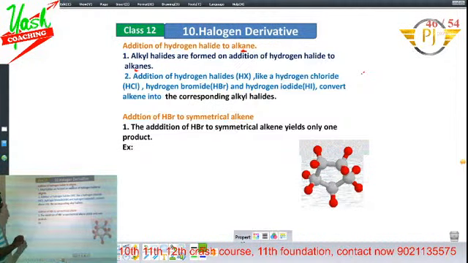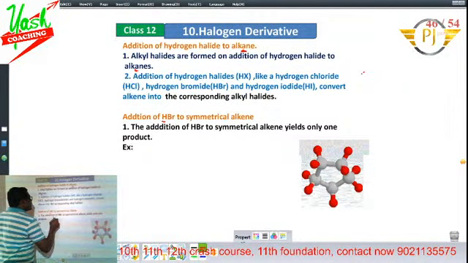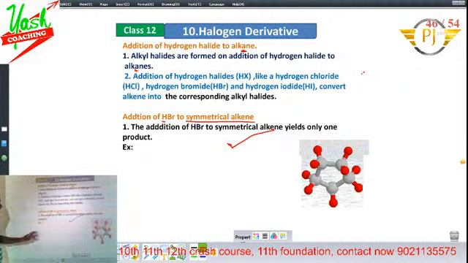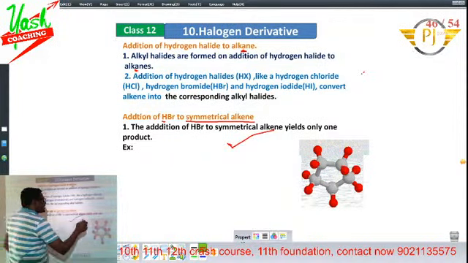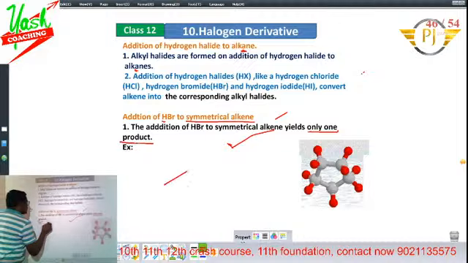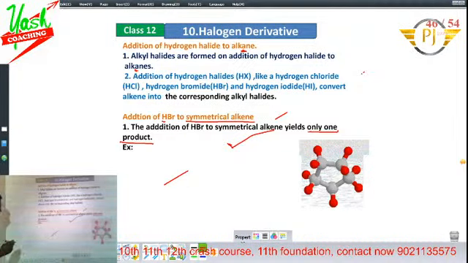So when HBr is added to a symmetrical alkene, the addition of HBr to the symmetrical alkene gives only one product. It means there are no difficulties when the addition takes place.